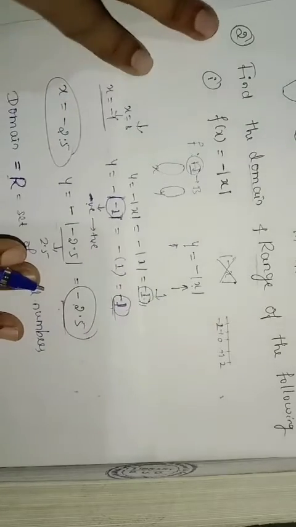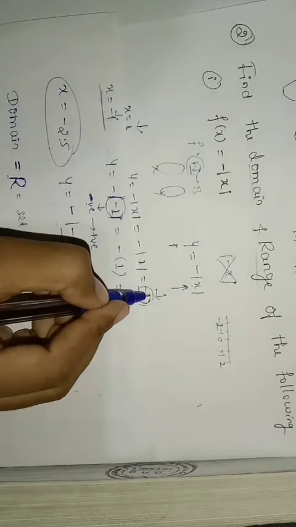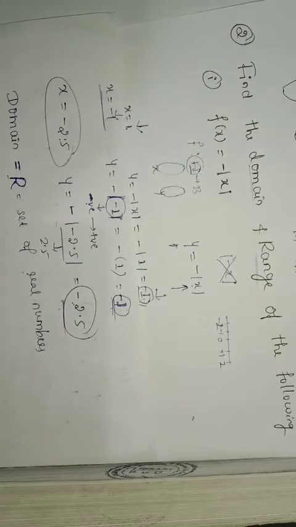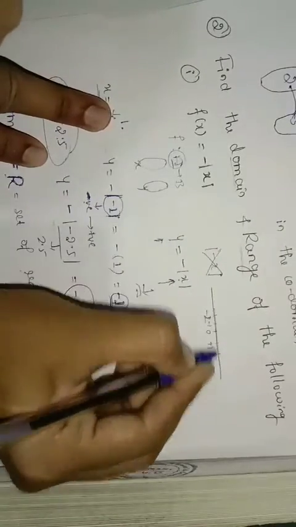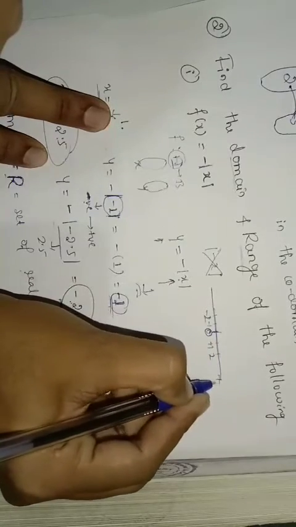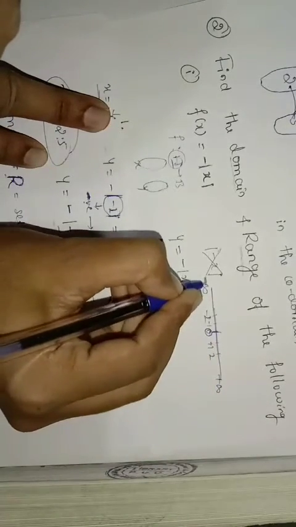So these are in the form of negative values. So what will be the range? So all the negative values. See here we have a real number system, it is 0, and this is plus infinity, this is minus infinity.